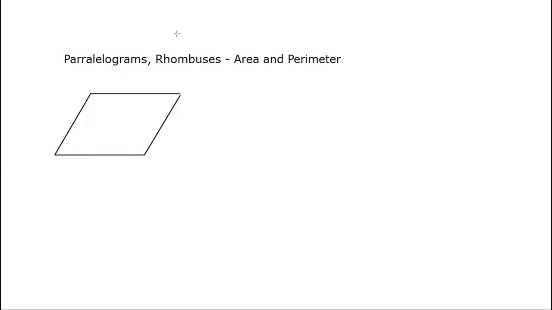And the rhombus also has a height, just like a triangle has a height. So we're going to drop an altitude from this corner straight down. And that's going to be the height. You can also have this height measured on the outside of the rhombus, right there.